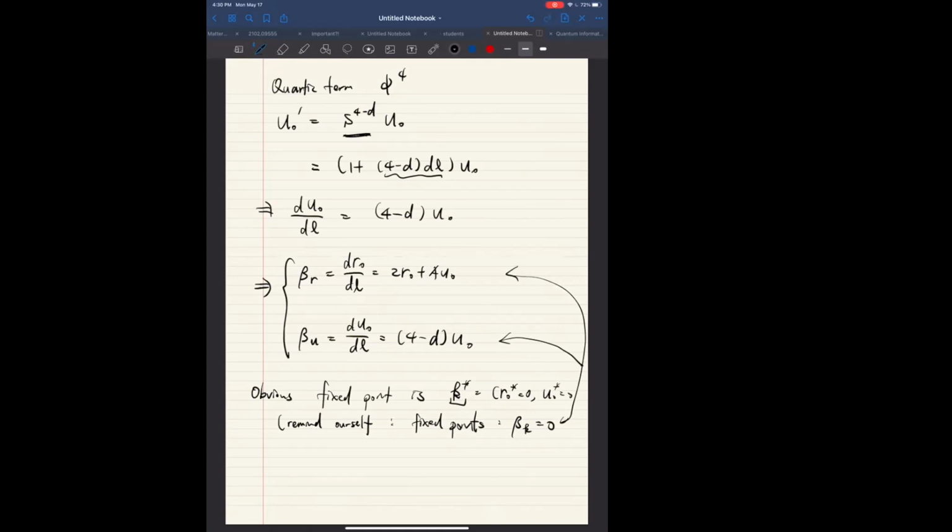Now we want to ask how the flow of the coupling constant behaves just slightly away from this fixed point. Does it go away, or does it get smaller and smaller toward the fixed point? That is the next step.